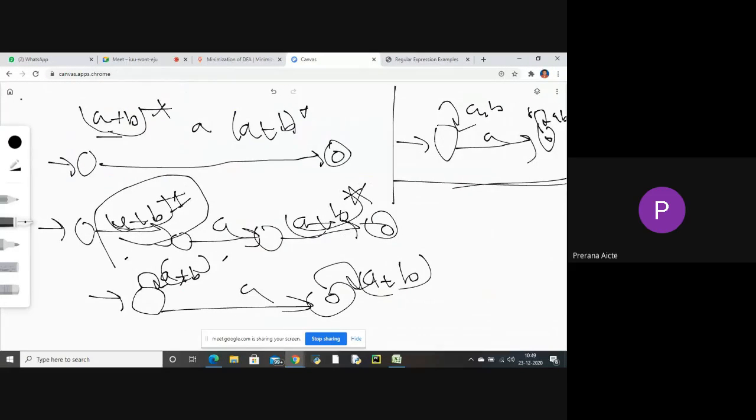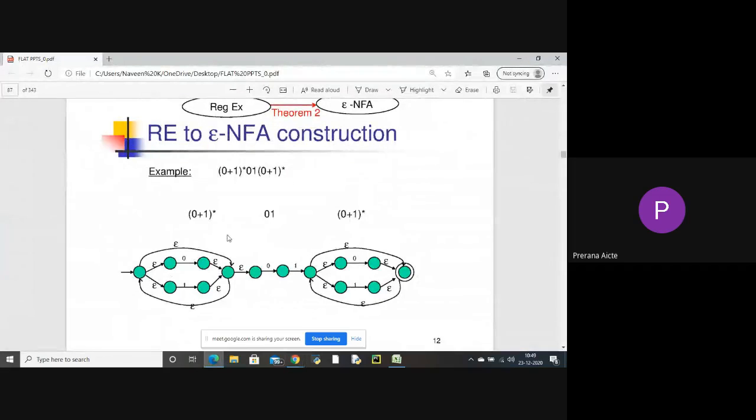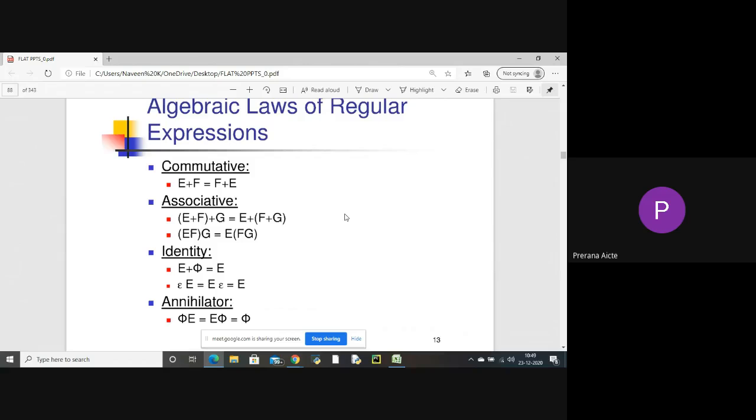Now we will see some regular expressions. Here is the diagram for (0 plus 1) whole star. We already completed this, the RE to NFA with epsilon.